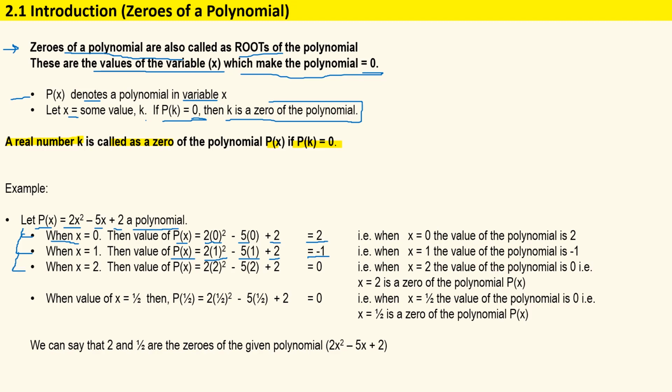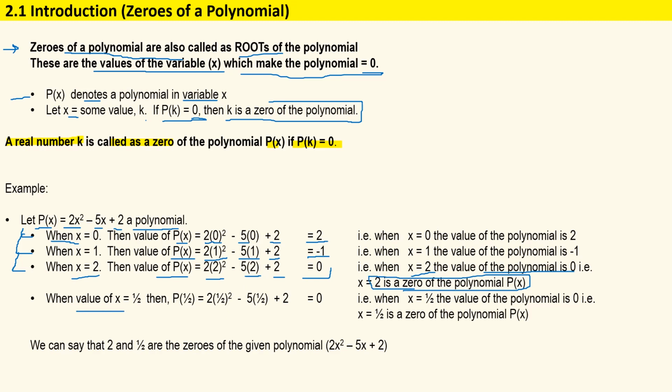And when x is equal to 2, then the value of p(x) becomes 2 multiplied by 2 square minus 5 multiplied by 2 plus 2, which is equal to 0. That is, we can say that when x is equal to 2, the value of the polynomial is 0. That is, 2 is a zero of the polynomial p(x).